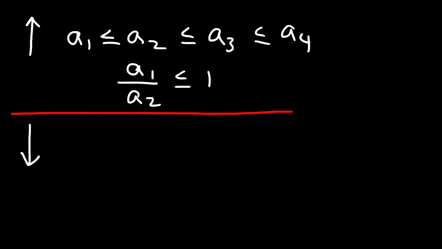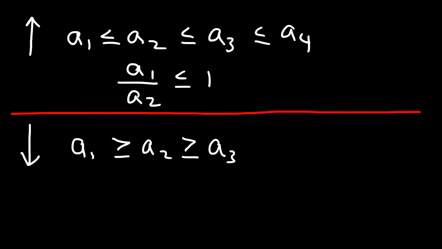And to show that the sequence is always decreasing over time, you can use this. A sub 1 has to be greater than or equal to A sub 2, and the second term has to be greater than or equal to the third term, or the third term has to be less than or equal to the second, and so forth.